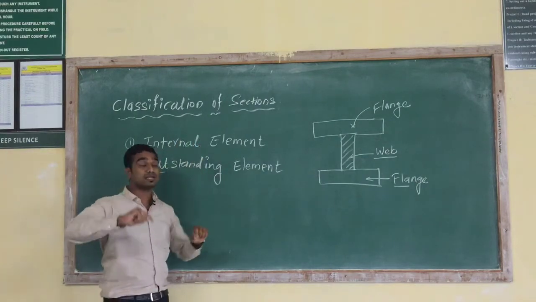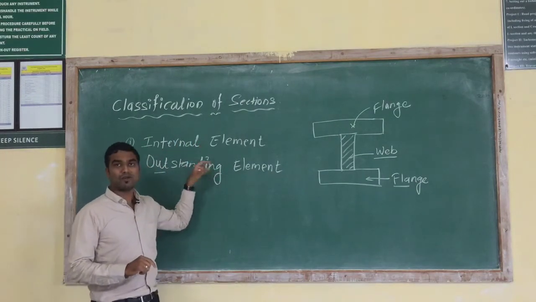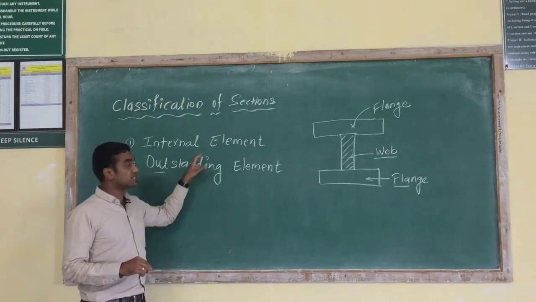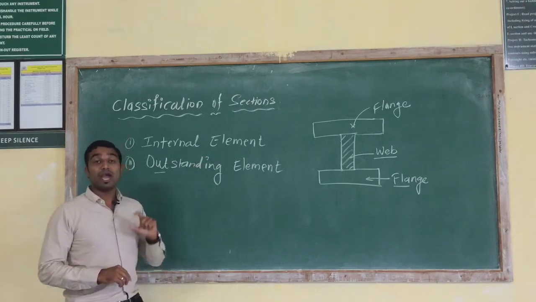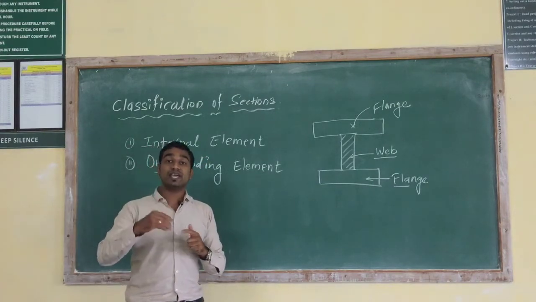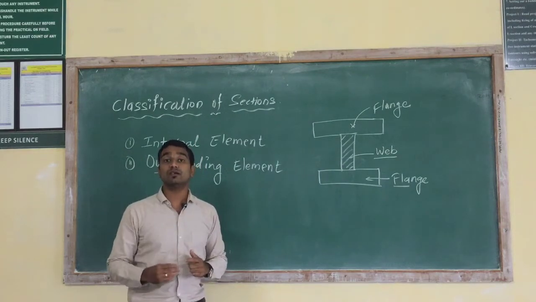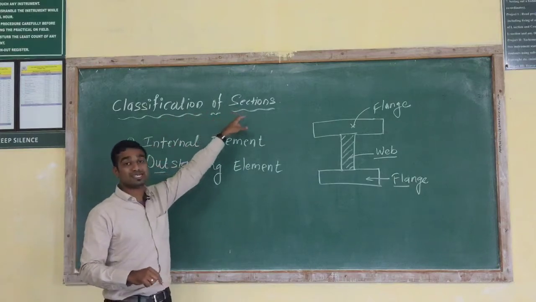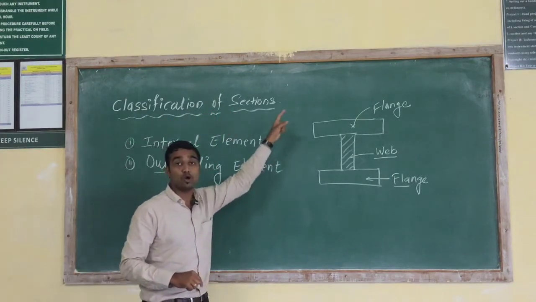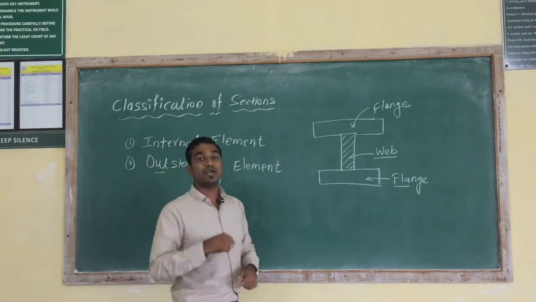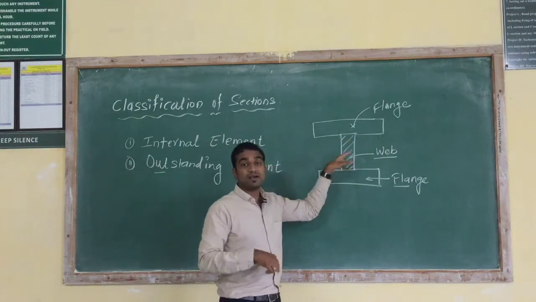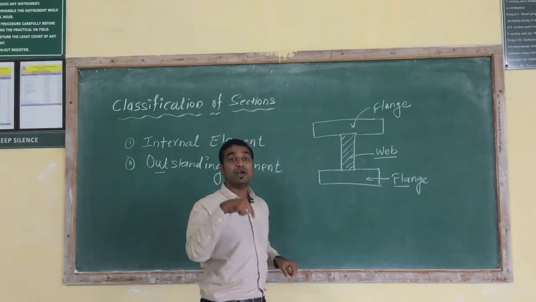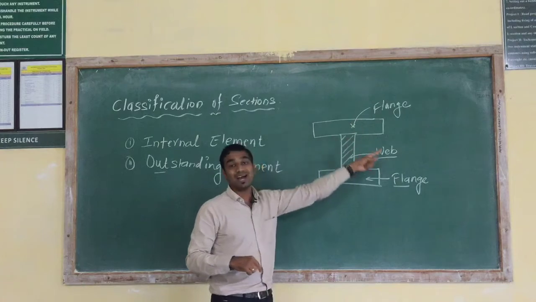For every section, we first classify each element, and by comparing these two we have to take the worst combination and then decide the classification of the section, meaning the whole I section.